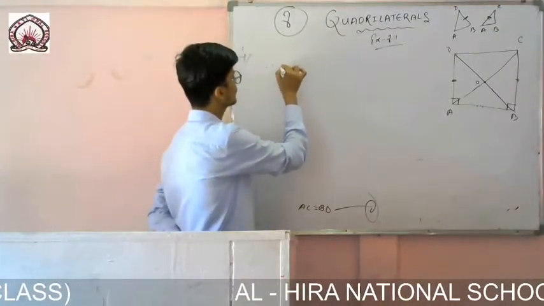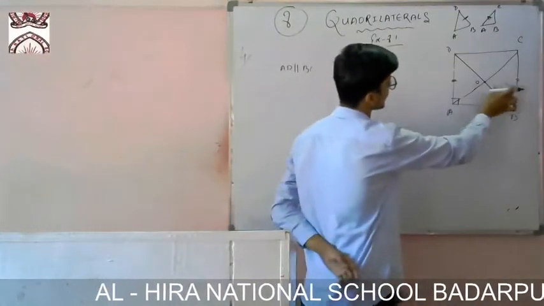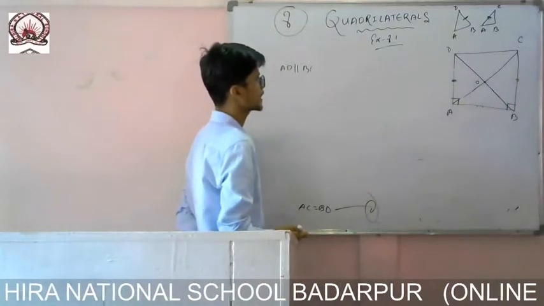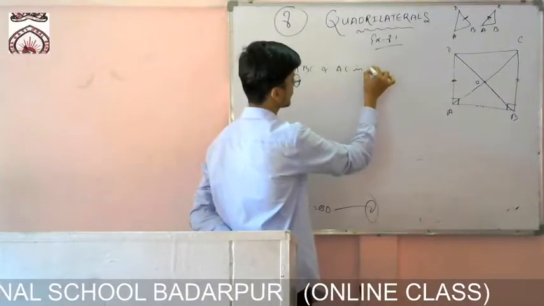Since AD is parallel to BC, this side is parallel to this one, and AC is a transversal.